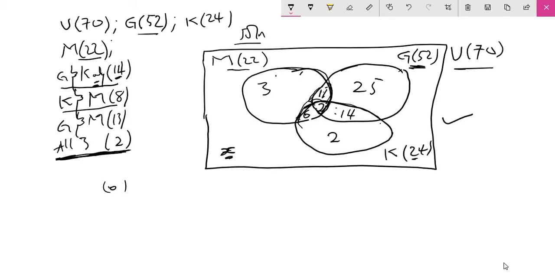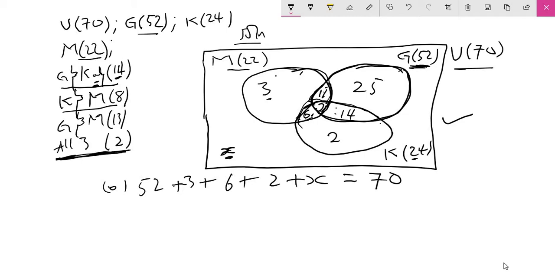So the total here must be, so I'm just going to take one of the circles. I'll take G. So the whole circle is 52. So 52 plus this 3 plus 6 here plus, you see, I'm adding the numbers outside that circle, 6 and plus 2 and plus x must be equal to the universal set, which is 70.